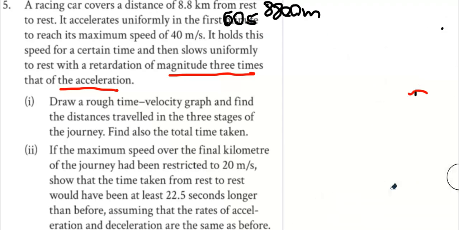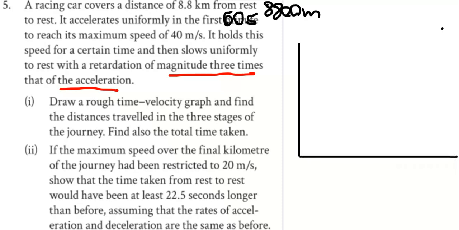Okay, so let's draw a rough speed time diagram. Do we start off at 0, 0? How do I know we start off at 0, 0? Rest. We go up like that. Then we hold it at 40.